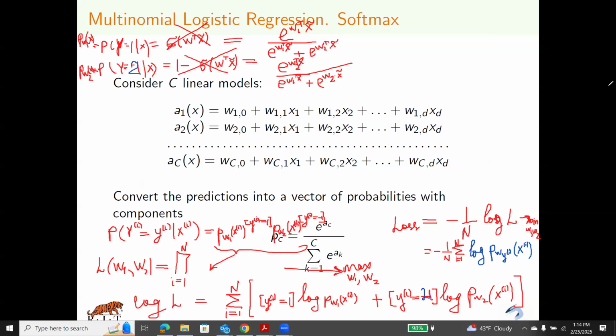From these C terms, only one will be not 0. Yeah, it looks ugly from the first glance, but if you look at the final formula, it doesn't look ugly.